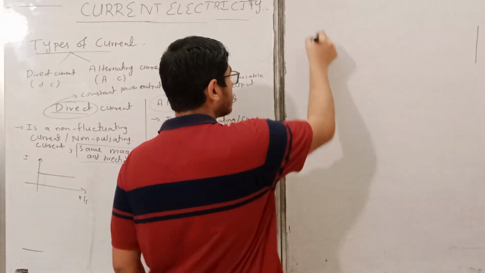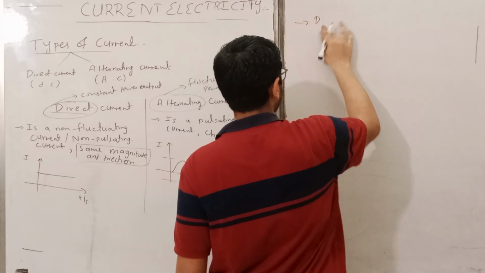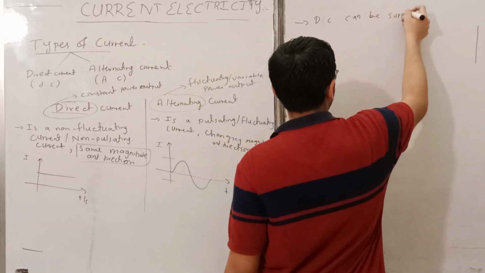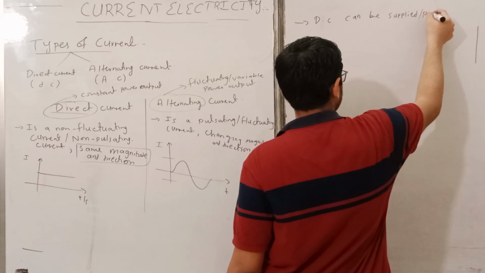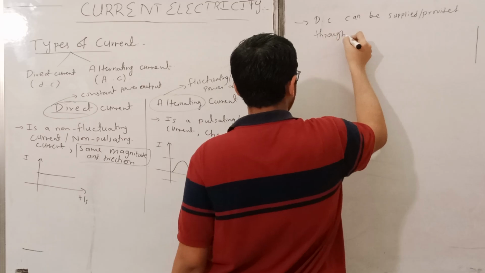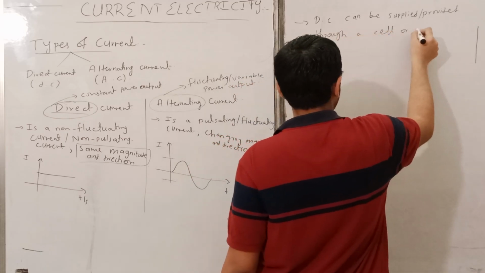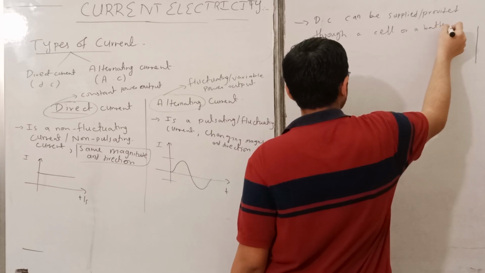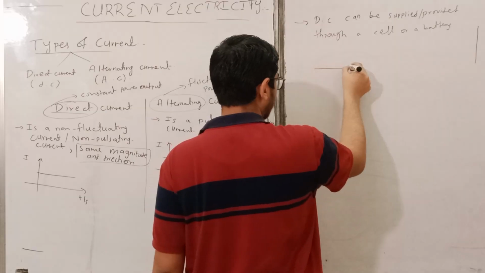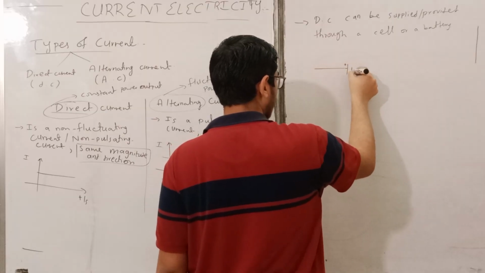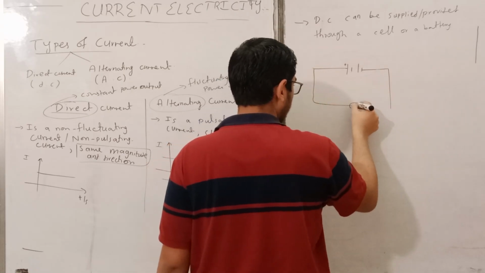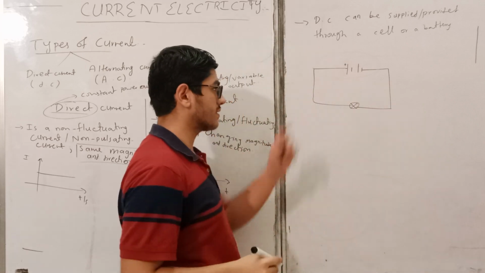Okay, so direct current, or you can say DC, can be supplied or provided through a cell or a battery. Therefore, whenever you see that typical basic diagram of a circuit, it looks like this.